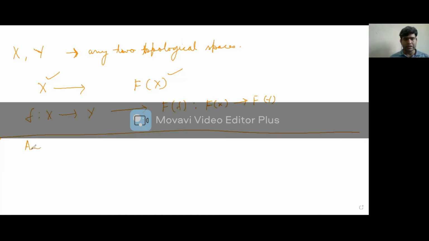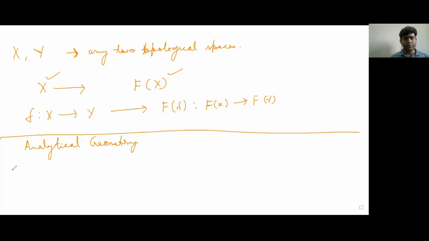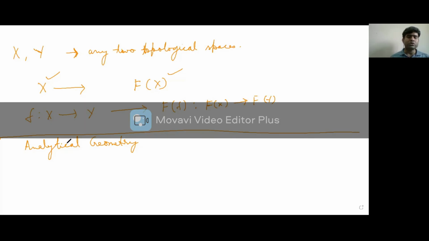In analytical geometry, given any geometrical object like a line, plane, sphere, or other geometrical object, you associate it to an equation.